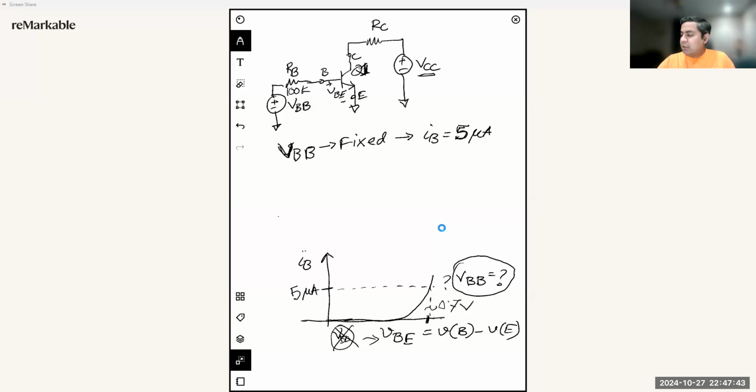By keeping it at that value, we are going to sweep our voltage across the reverse active and the forward active operation.